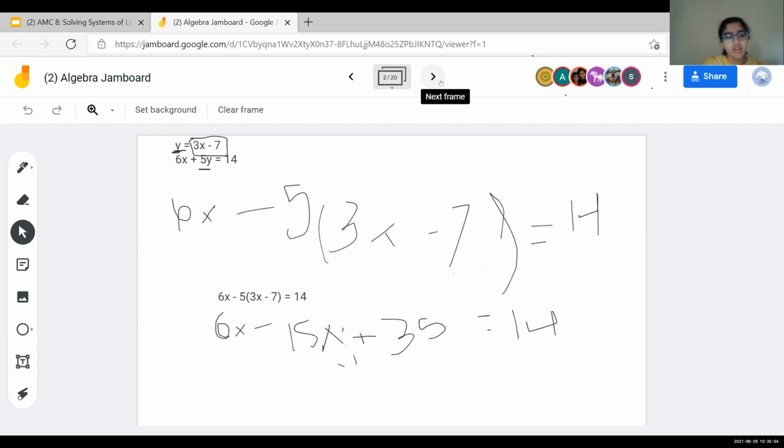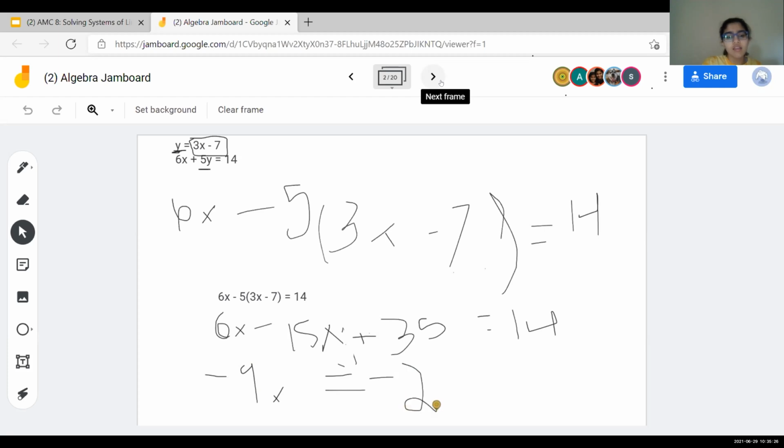So we now have this equation, and we can simplify and then solve. We get negative 9x equals, and then we subtract 35 from both sides. 14 minus 35 is equal to negative 21.